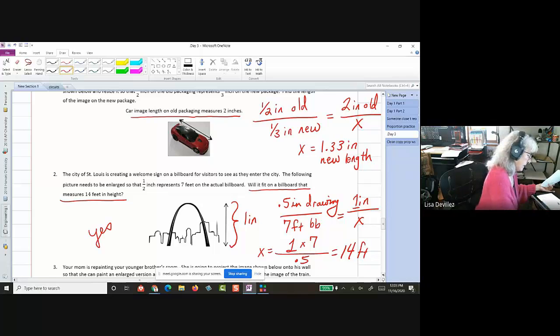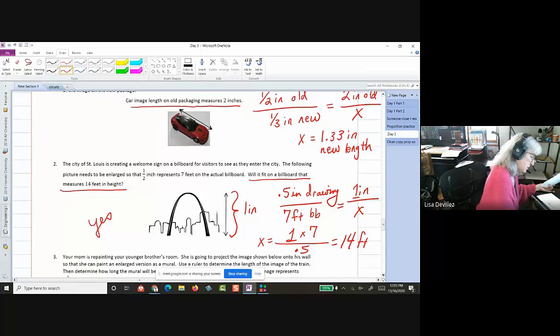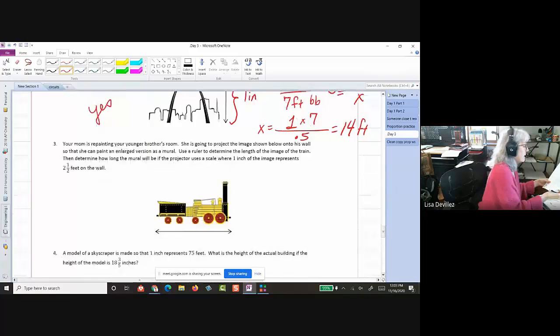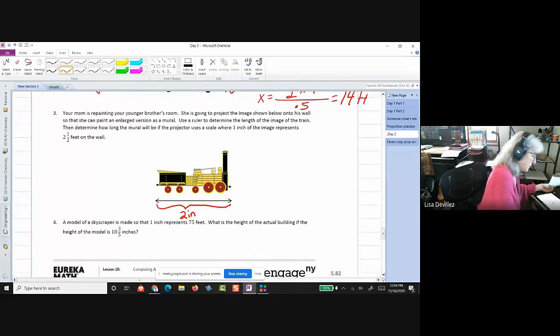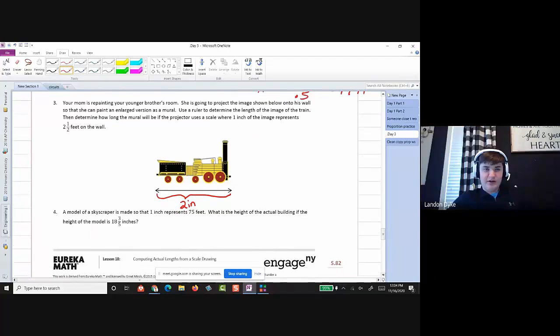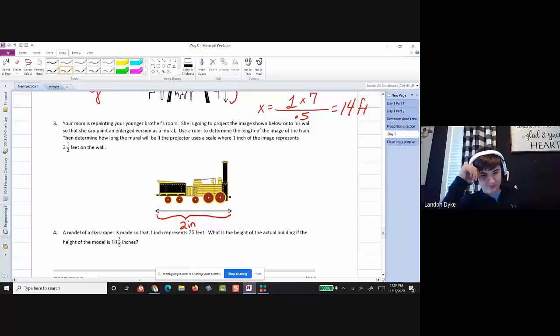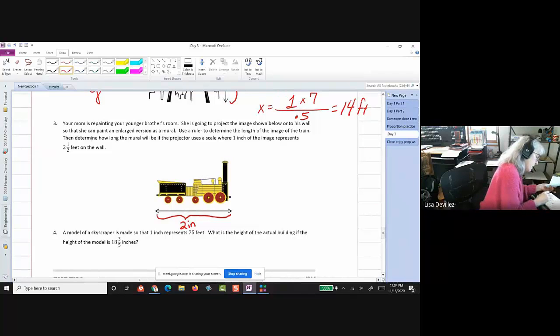Now I'm trying to find the ones that you have to measure. Sorry about that. The drawing there is 2 inches. Do we need to do one more, or are you feeling okay with these to finish? I say we do 2 more. She's going to paint this train in her brother's room. We're working virtually, so that's why I gave you that it's 2 inches long.